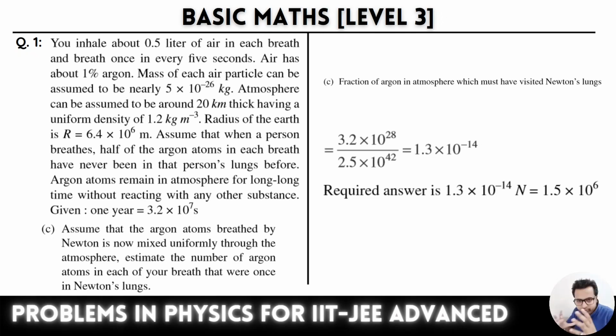Definitely, when Newton breathes, many of the argon atoms he exhales will be dispersed, and that same argon atom you will inhale. So you have to estimate the number of argon atoms in each of your breaths, that half liter you breathe. In that half liter, how many argon atoms were part of Newton's lungs?